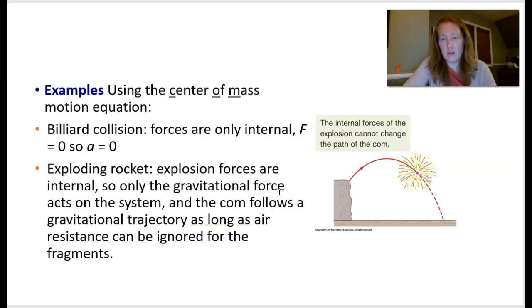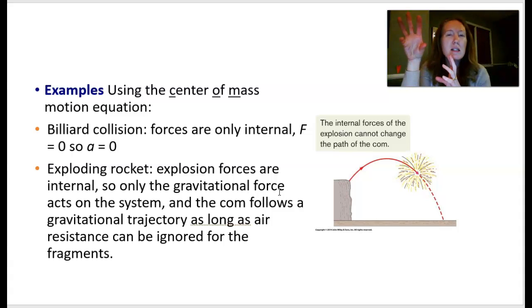For a few examples, we would be thinking about that pool ball example. As the cue ball, the white ball, is moving toward the other balls, it has a constant velocity, so it's not accelerating. Then when it hits the rest of the billiard balls, it transfers some of its momentum, but that whole system is still not going to have any acceleration.